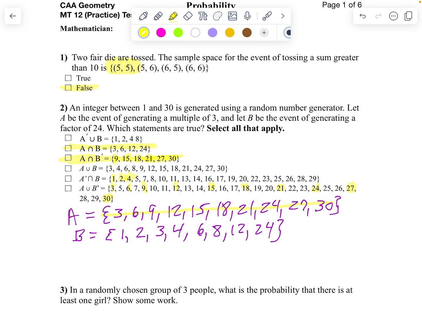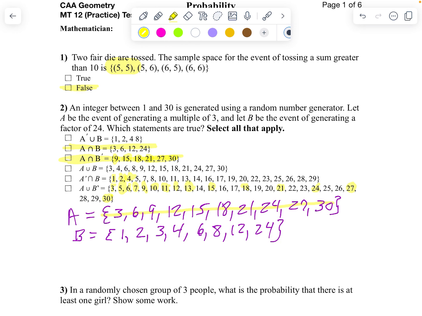Now I'm going to list things that are in the complement of B. So I don't want 1, I don't want 2, I don't want 3, I don't want 4, but I do want 5. Okay? I don't want 6, but that's already included. So then 7 I need to include. We don't care about 8. And then I'll do 9, 10, and 11. And then 13 through 23.